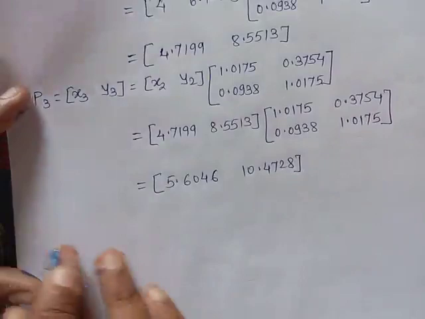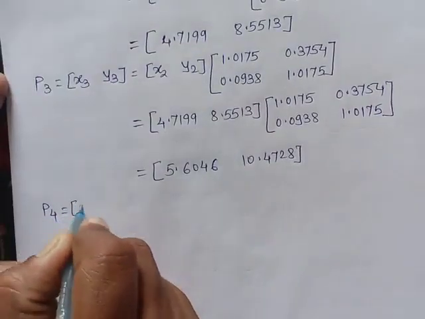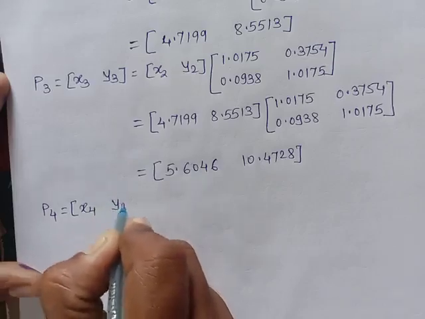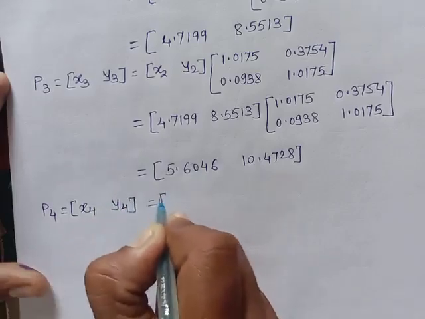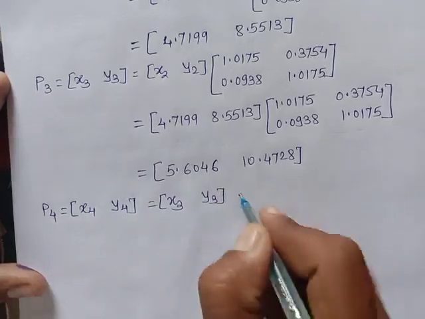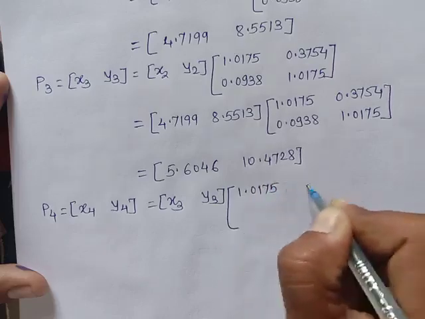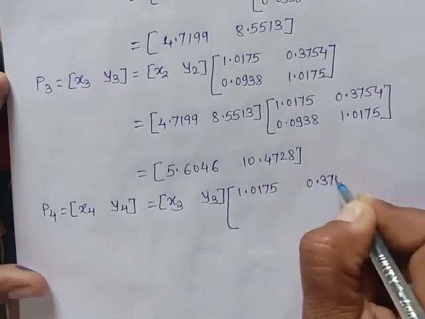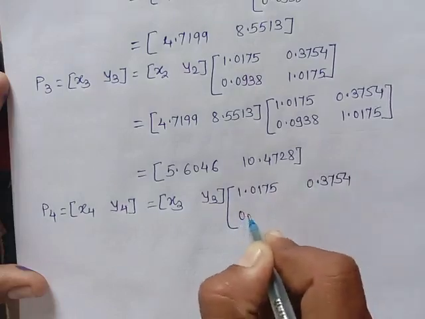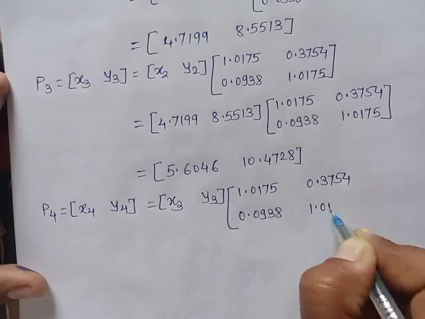Again P4 is what? X4 Y4. It is x3 y3 into again 1.0175, 0.3754, 0.0938, 1.0175.